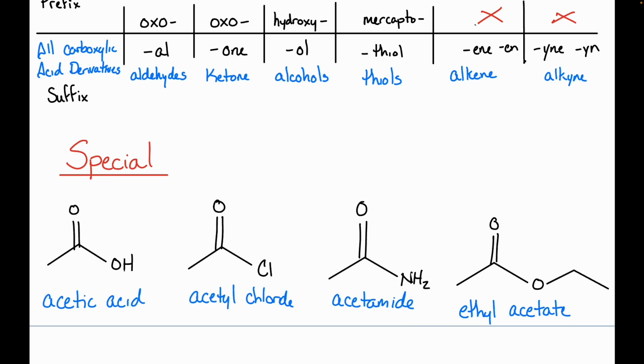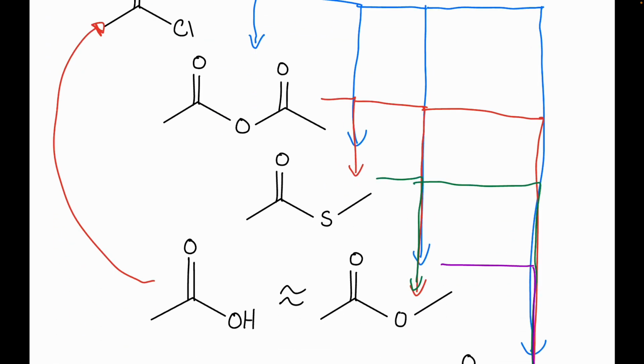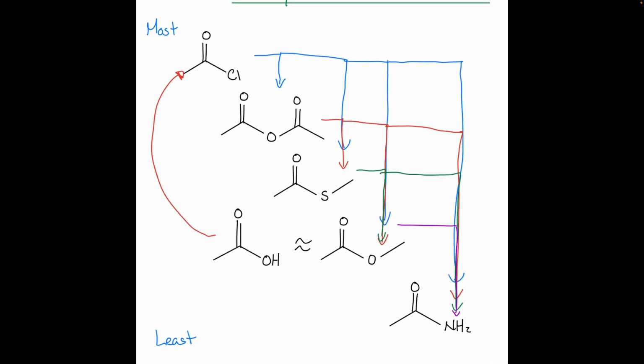Cool. So then we talked about how we can rank these carboxylic acid derivatives from most reactive to least reactive. Our acyl chlorides sit at the very top, followed by acid anhydrides, followed by those thioesters.